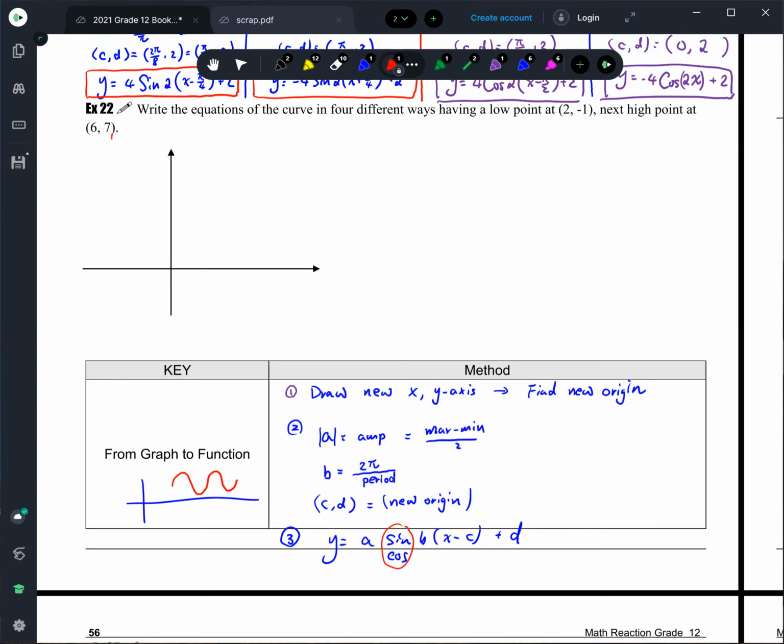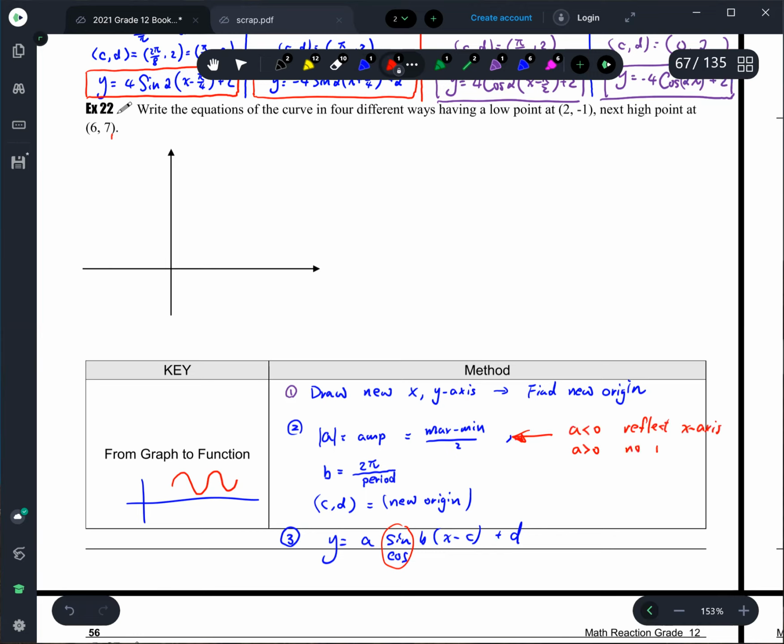Oh, and one more thing, right? If a is less than 0, reflection over x-axis. A greater than 0, no reflection.